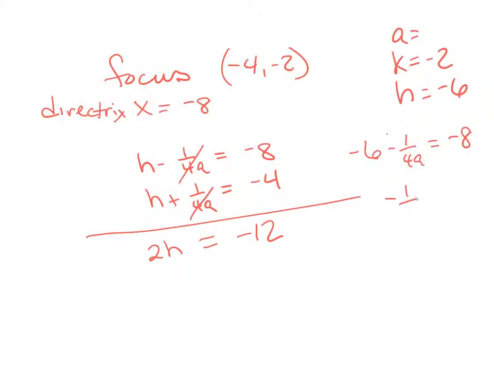So -1/4a equals -2 when I add 6 to both sides. Now we cross multiply. And we get that -1 equals -8a. Divide by -8. A is 1/8.